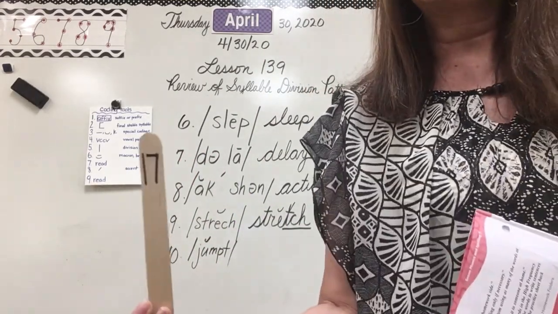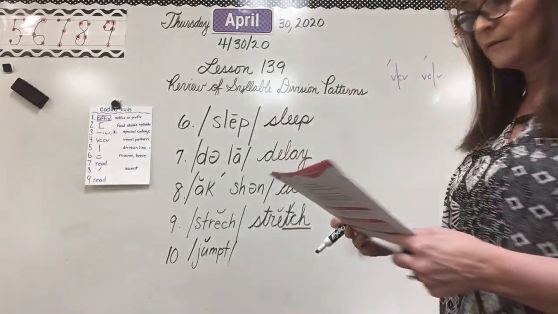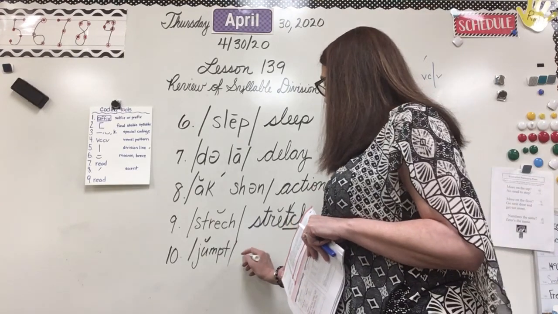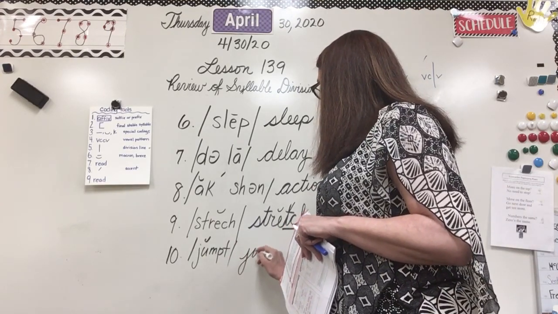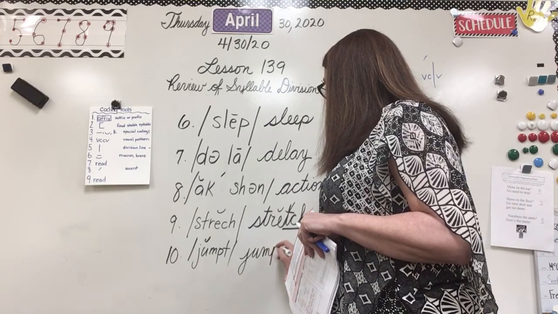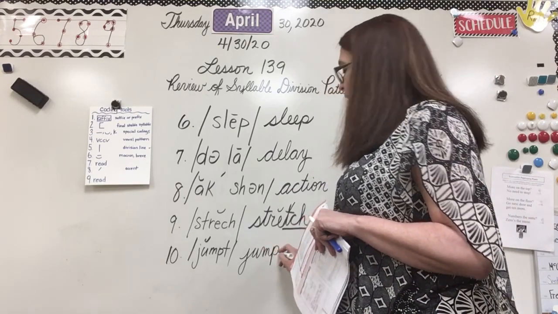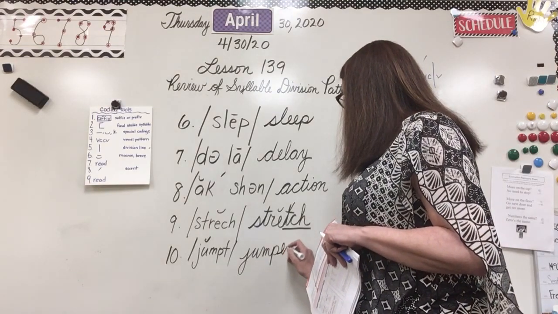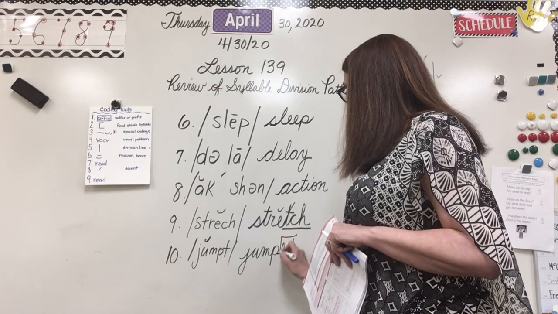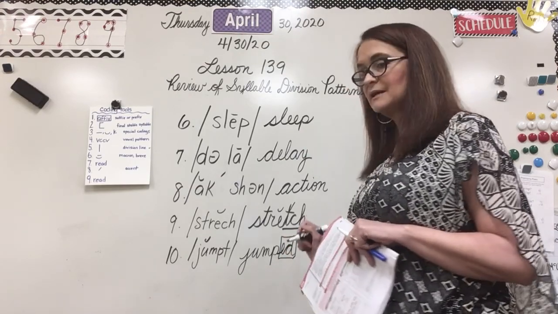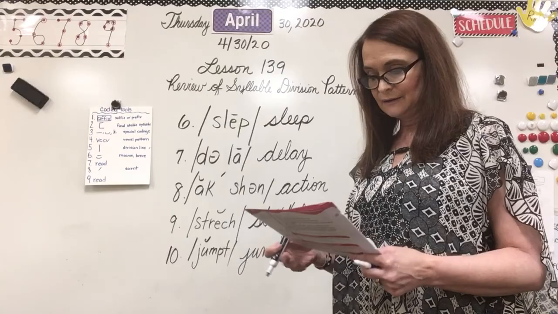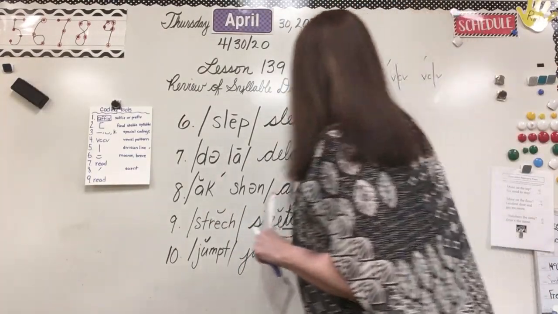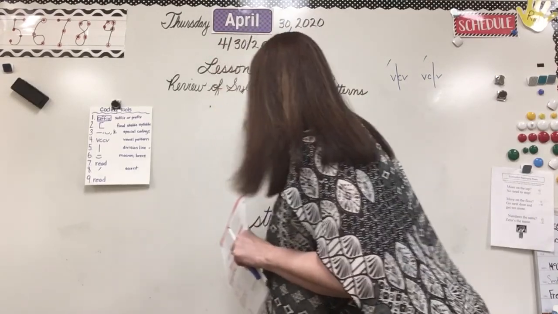All right, Miss Abby, help us with it, please. Okay. Jumped. How do you spell that? J-U-M-P. Now, what suffix says t? You're right, ed. Suffix ed actually says t, d, or ed. Very good. All right, let's see, I'll go ahead and erase this, just make sure you guys can see it.